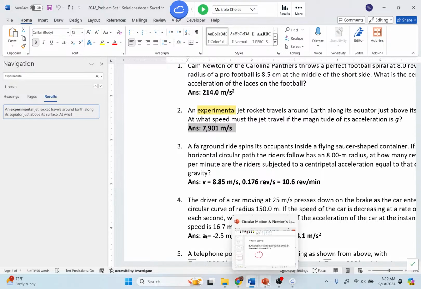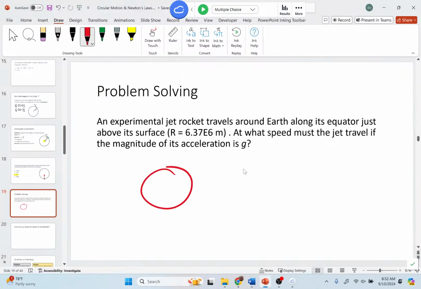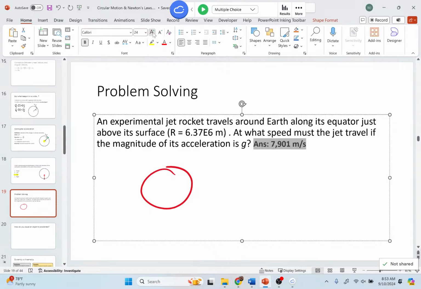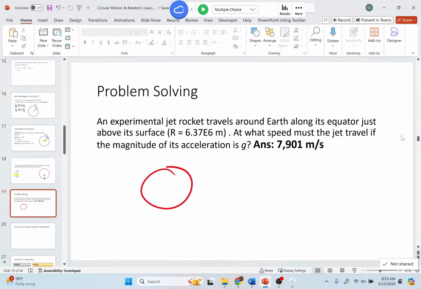It turns out you have to go really fast to outrun gravity, especially at the Earth's radius. So this answer is not realistic for being in air, but we're making some concessions here.